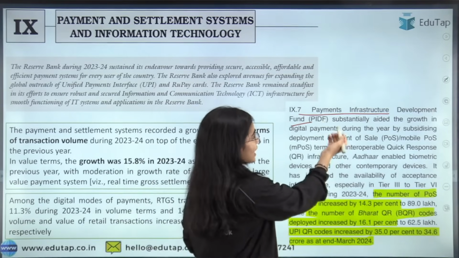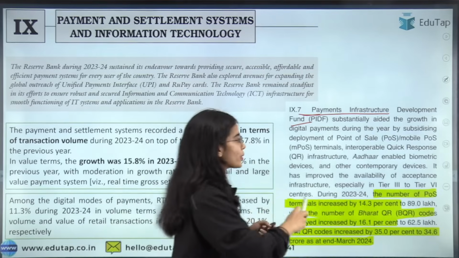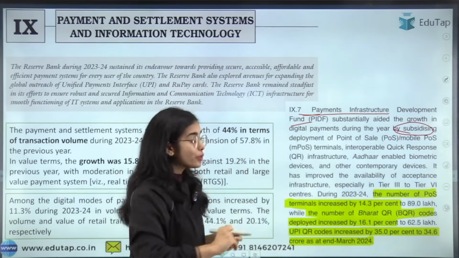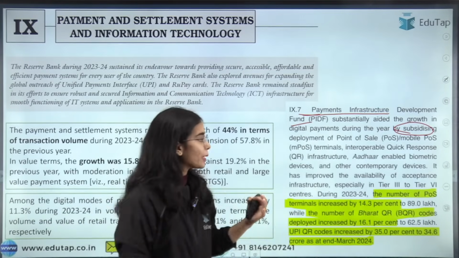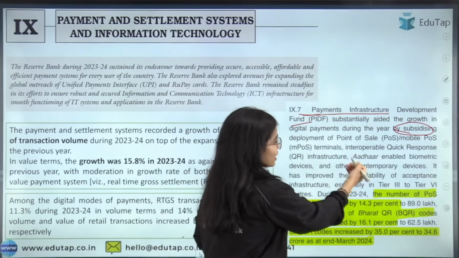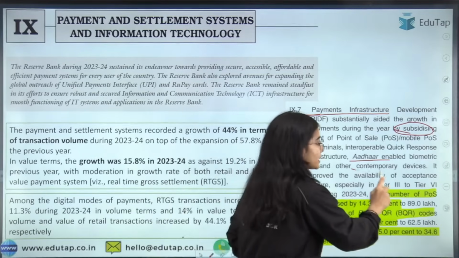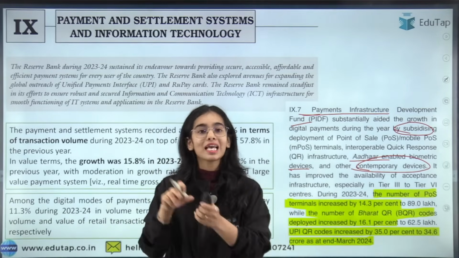So through this fund, the RBI is promoting the deployment of the POS and the QR codes at subsidized rates. Now there is an increase that has happened in the promotion. Aadhaar enabled biometric devices are also being provided, as well as other contemporary and new devices, other than the swiping machines and the QR codes.